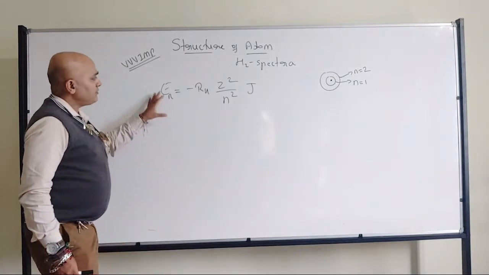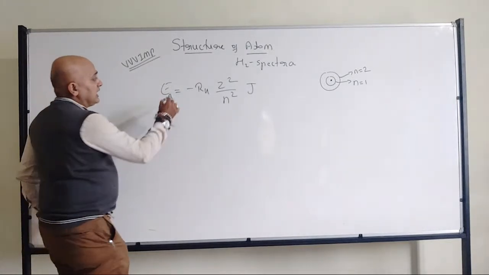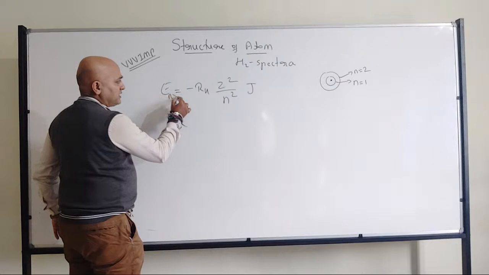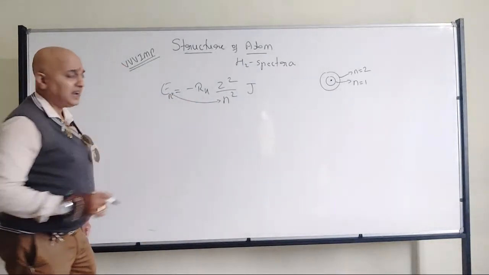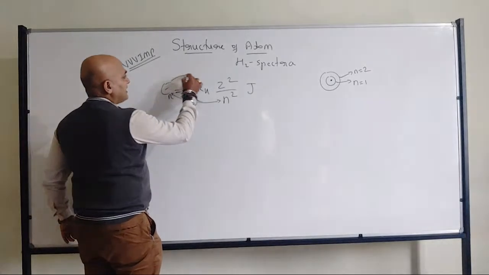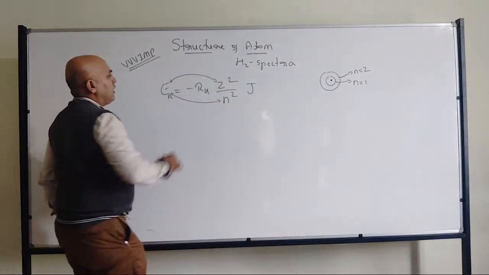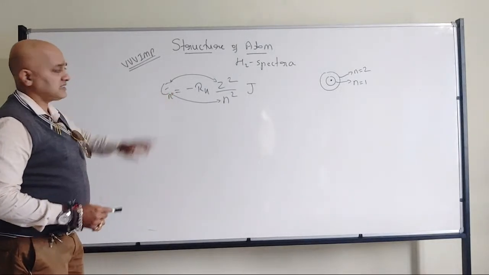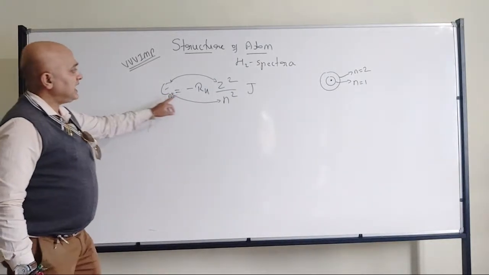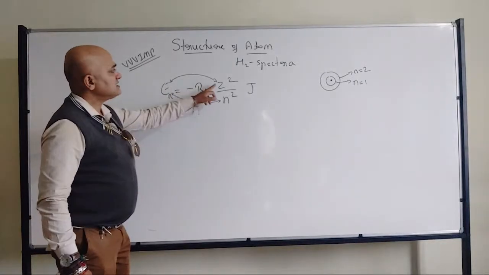Now, if I observe it carefully, En is on one side and n is in the denominator, and Z is in the numerator, on the other side of the equal sign.